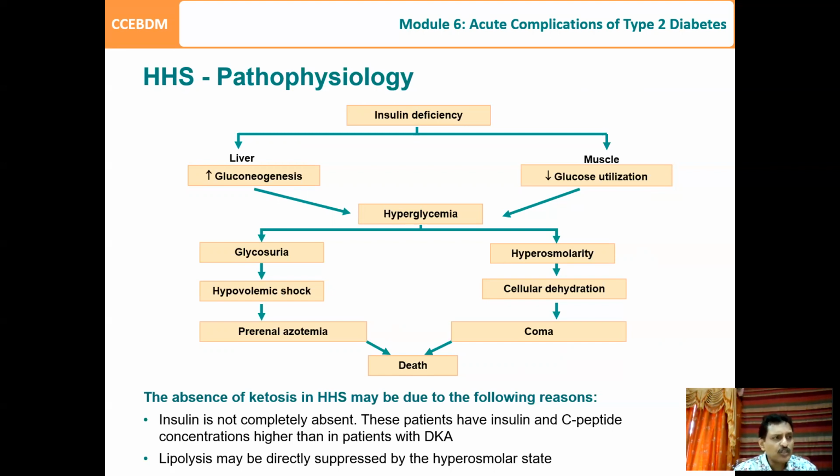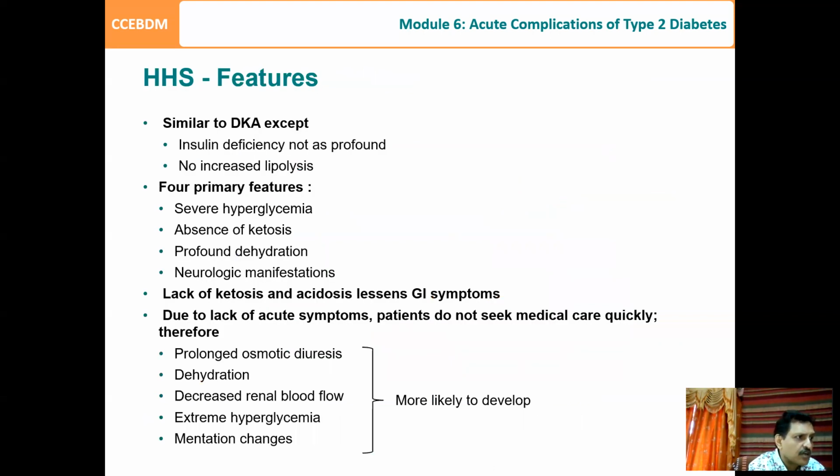Some amount of insulin is there in the body because it develops among patients who are type 2 diabetic. So some amount of insulin is there, and that prevents lipolysis and the development of the ketogenic process. So insulin deficiency is not profound. There is no increase in lipolysis, but there is severe hyperglycemia, but the ketosis is not there.